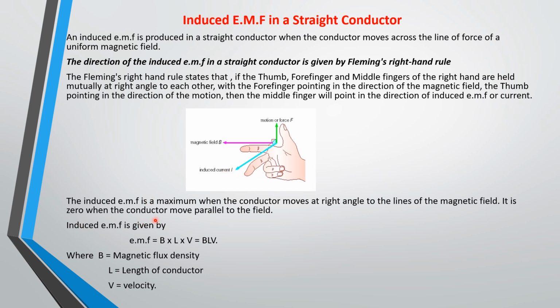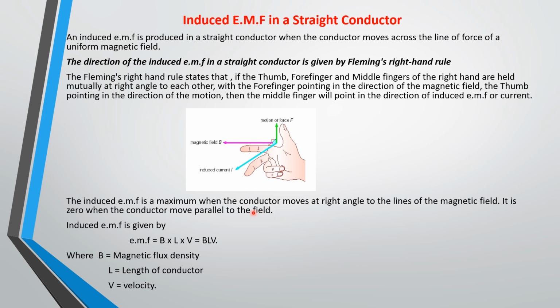Okay, so the induced EMF is maximum when the conductor moves at right angle to the lines of the magnetic field. It is zero when the conductor moves parallel to the field. It is the same thing that we discussed when we talked about electromagnetic field.